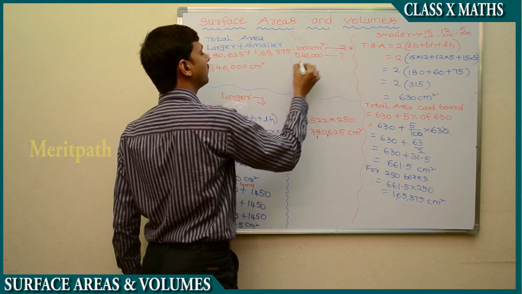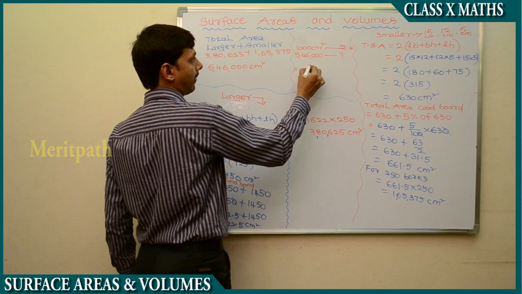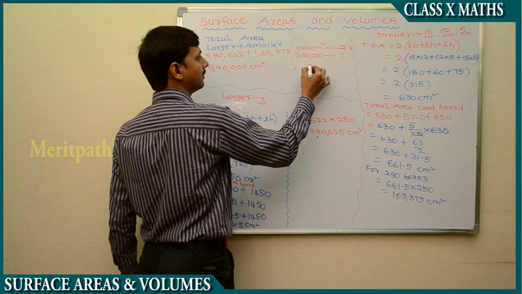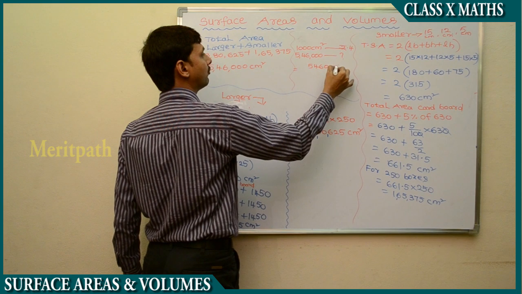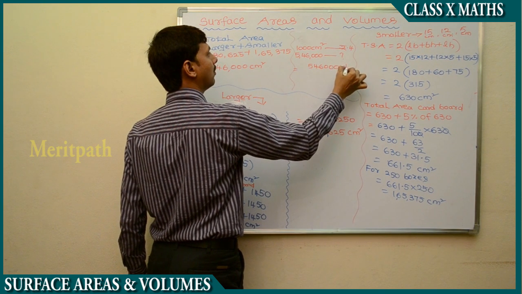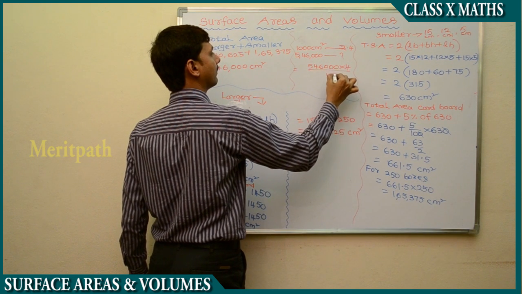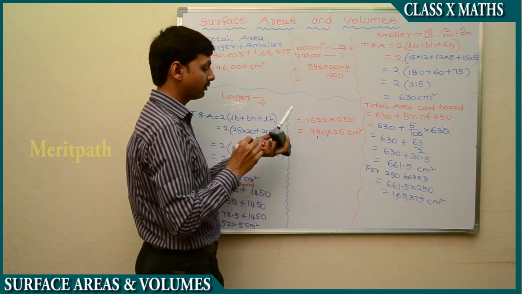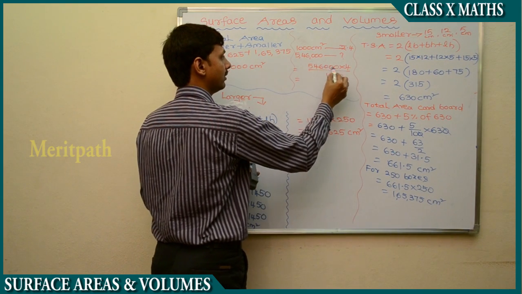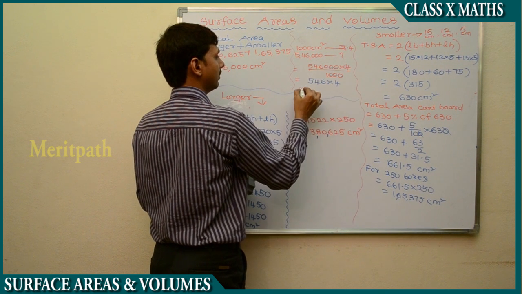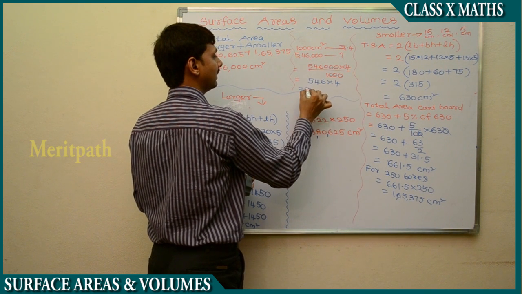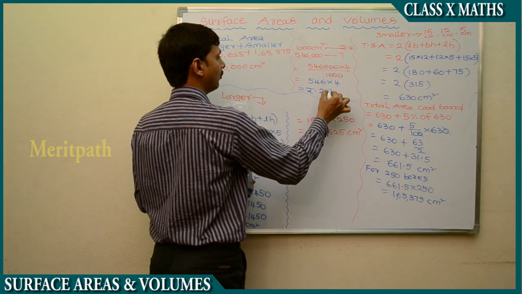So let's do the cost multiplication: 5,46,000 into 4 by 1,000. Three zeros get cancelled. 546 into 4, and after multiplication we get 2184 rupees.